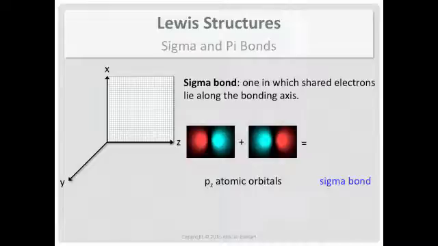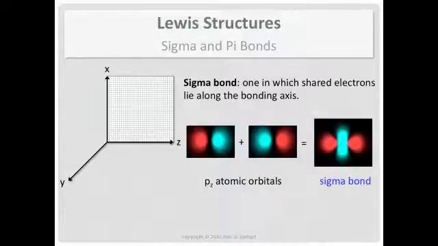So those are the two atomic p orbitals. And then when they overlap, you think of the teal areas as overlapping. I'm using red and teal for phase colors. And then on the right-hand side, you get a sigma bond.